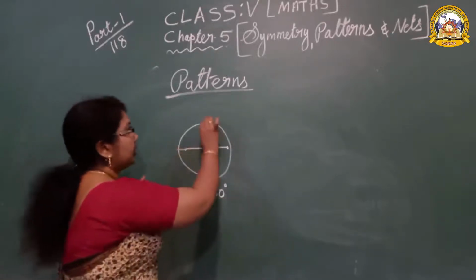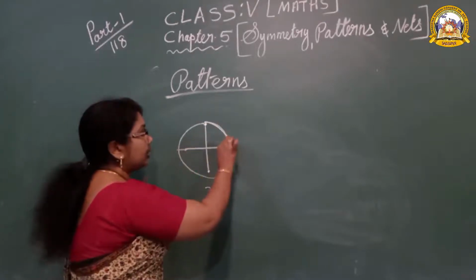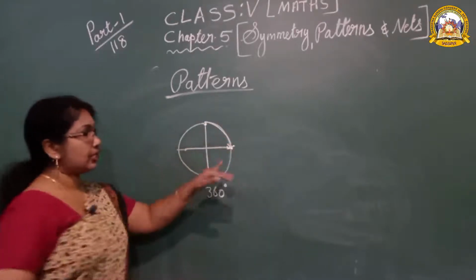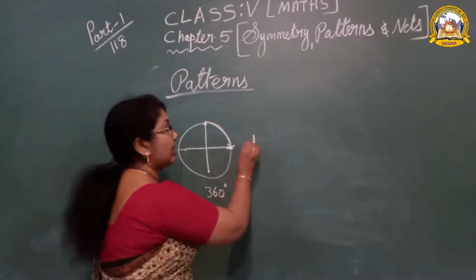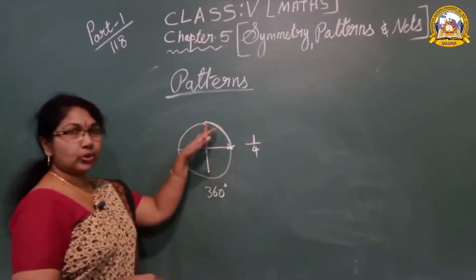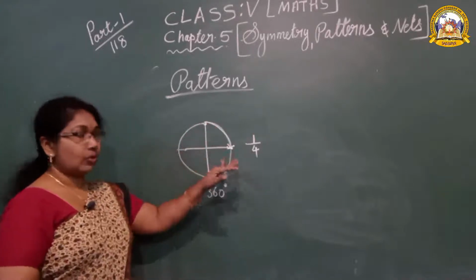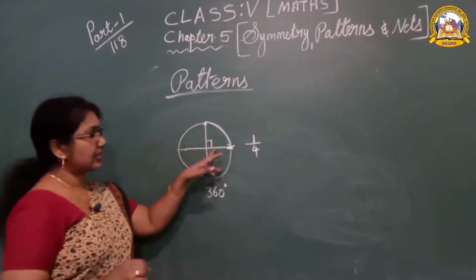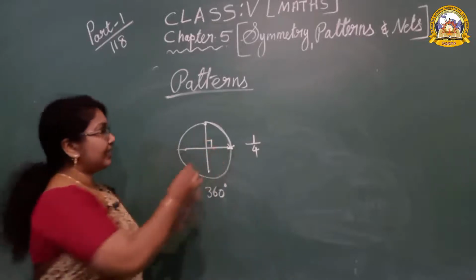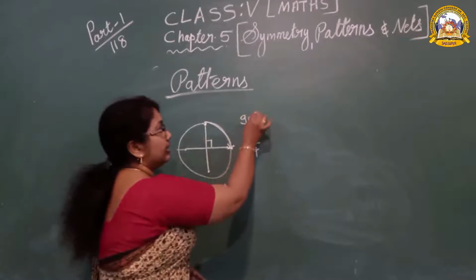If it is rotating from here to here only, this part is called a quarter of rotation. That means 1/4 of 360. You know the name of this angle, students? It is a right angle, 90 degrees.